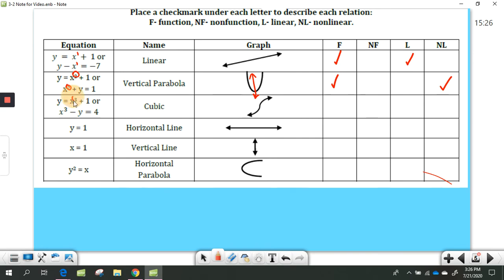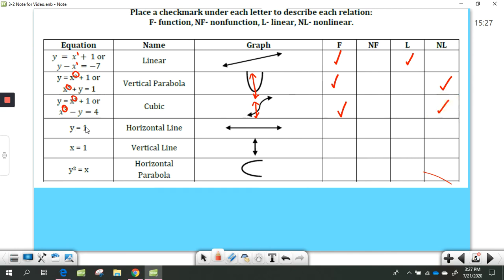These are cubic examples. Notice there's a 3 on the x. Those are 2 different formats you might see the equation in. That does not make a perfectly straight line. It is a function if you apply the vertical line test, but it is not linear.